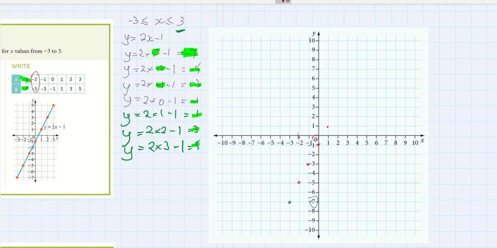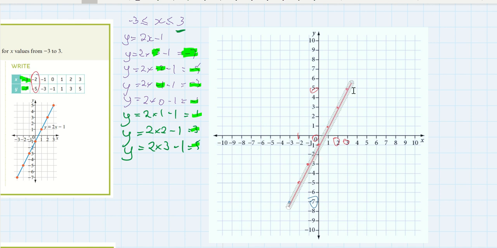Then 1, 1, then 2, 3, so 2, 3, and 3, 5, so that's got to be there. Then we just get our straight line and connect the dots.